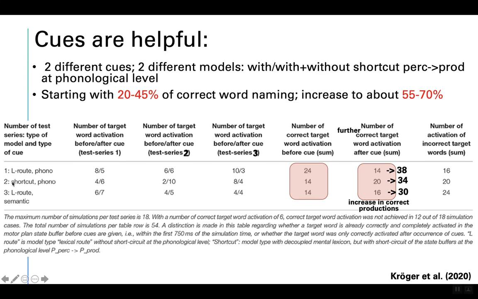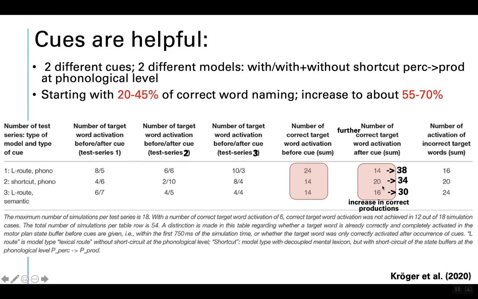And what we see, if the shortcut is added, we indeed get the highest increase rate in producing correct words. So this is the word rate, the correct number of target word activation before a cue needs to help. So this is the rate of already correctly generated words, and we do not need any cue.